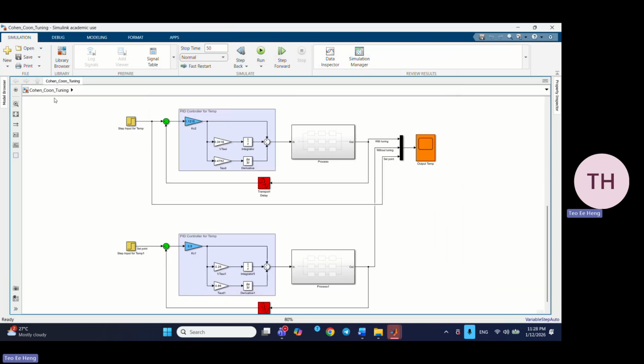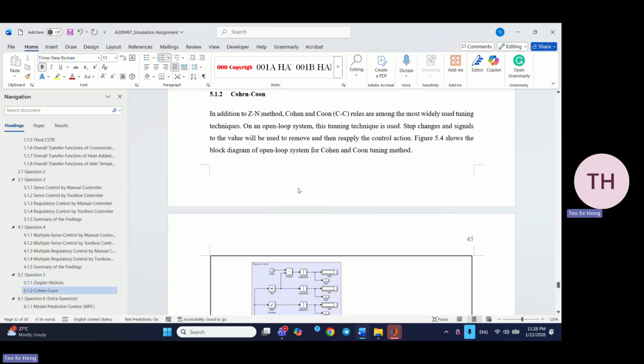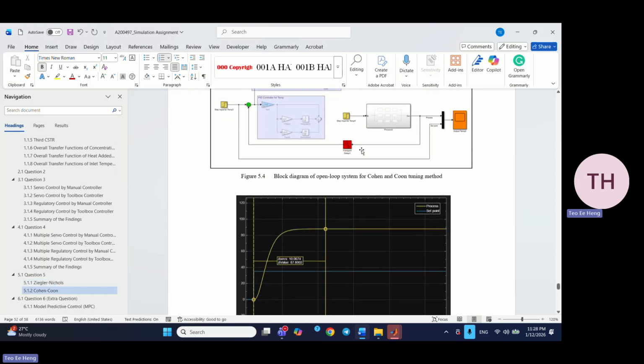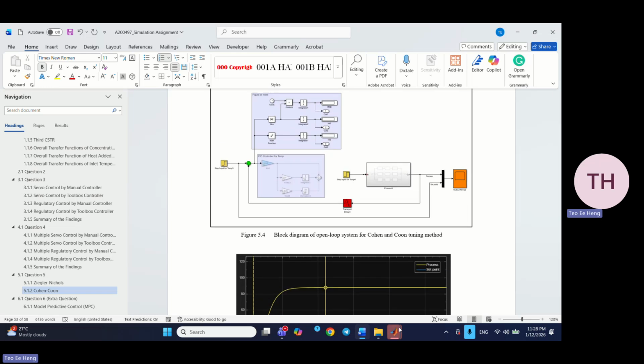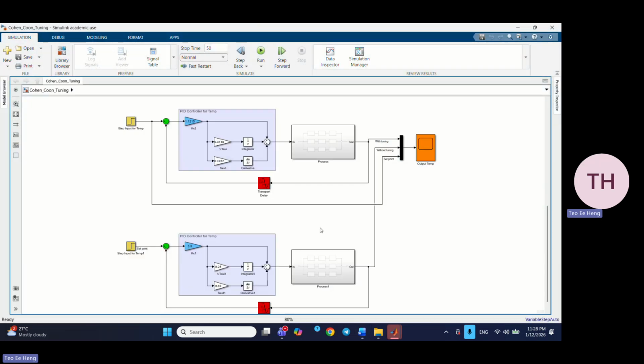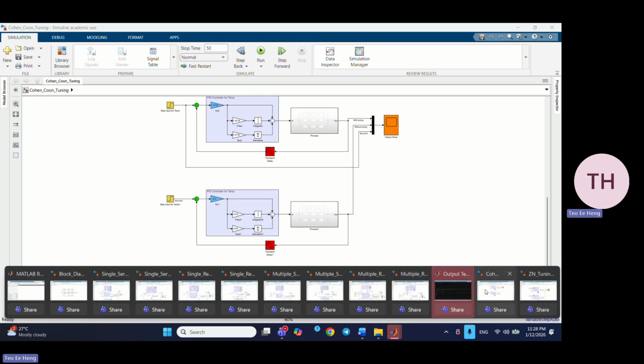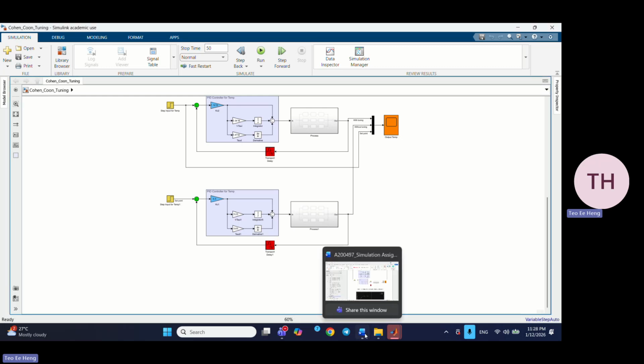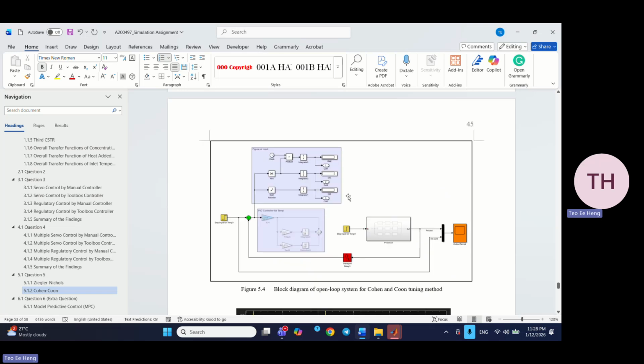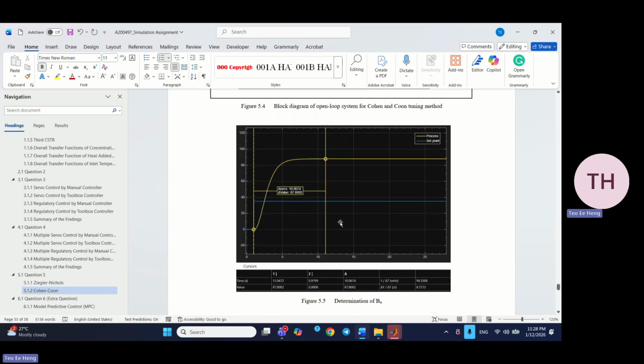For the Cohen tuning method, we need to remove the connection between the controller and the process. Then we try to run, and we can get a response curve like this.